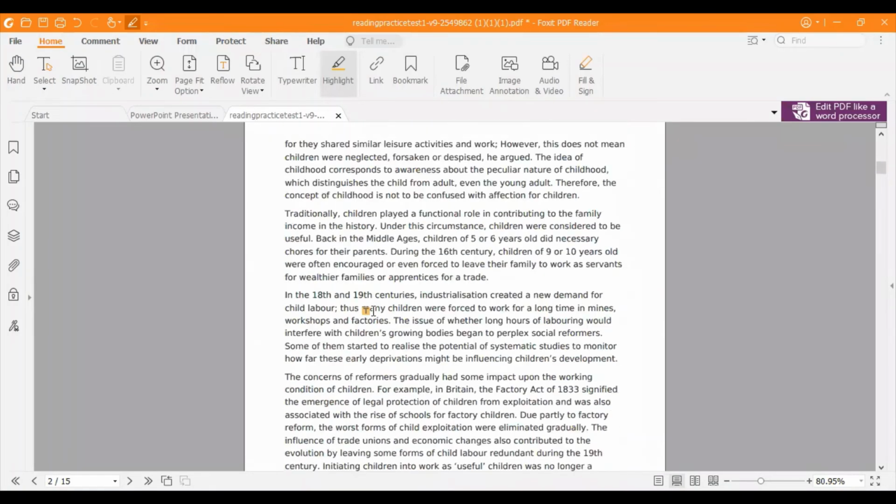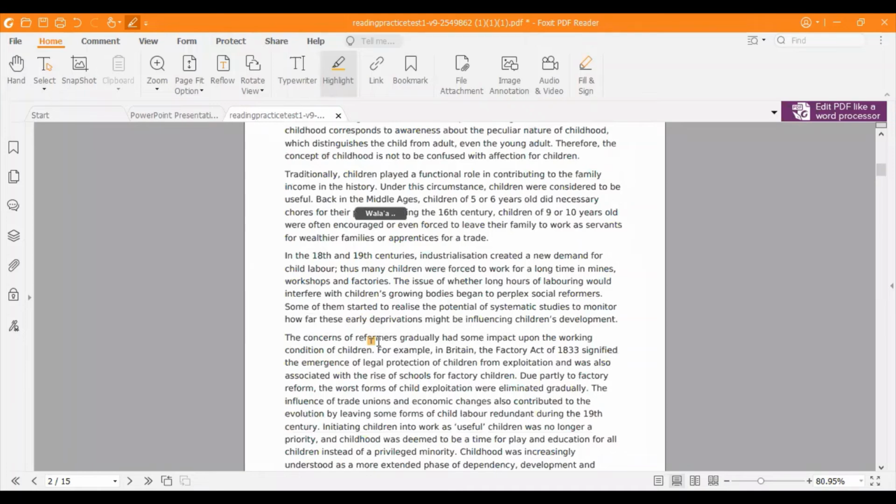Okay, so here you can read from here. The answer actually was here before, so you just read here, like in the 18th and 19th centuries.